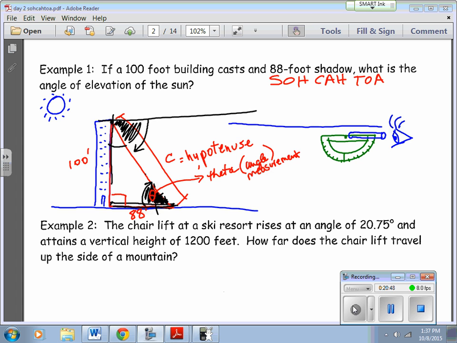And the clinometer has a string attached to it with a little washer to weigh down. That washer, depending on if I have to look up, meaning angle of elevation, the clinometer's going to travel backwards.